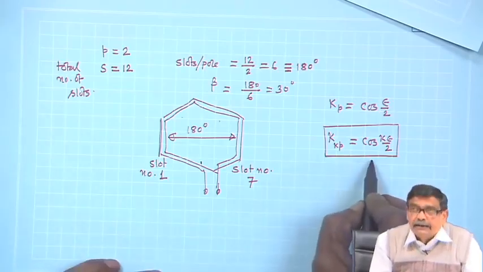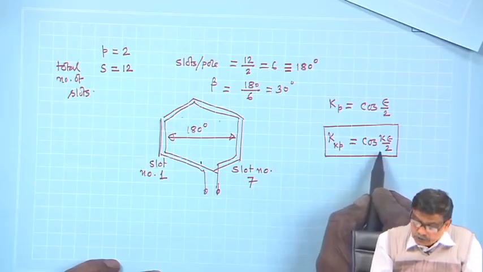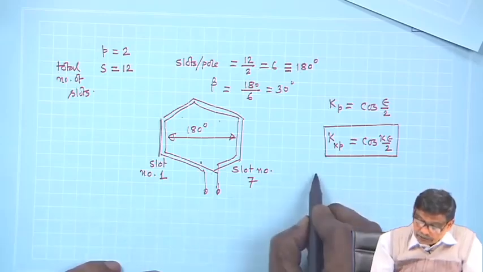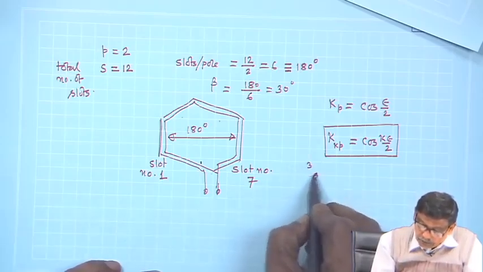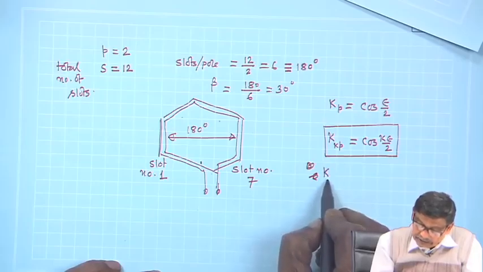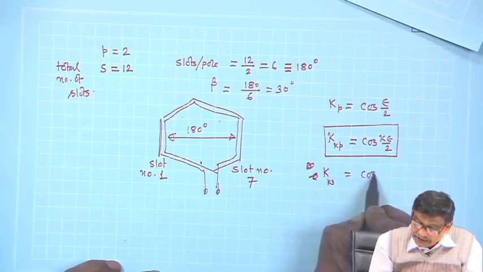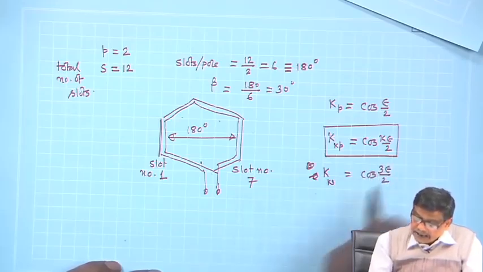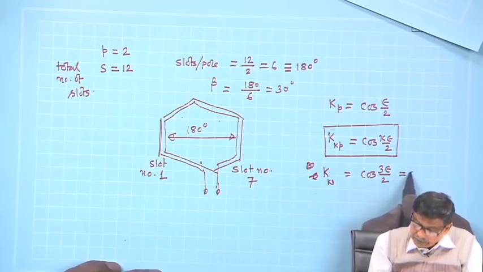one clue is here. Can I choose such a value of epsilon which will make the third harmonic pitch factor zero? The pitch factor for third harmonic, Kp3, will be cosine 3 epsilon by 2. Can I make it 0?